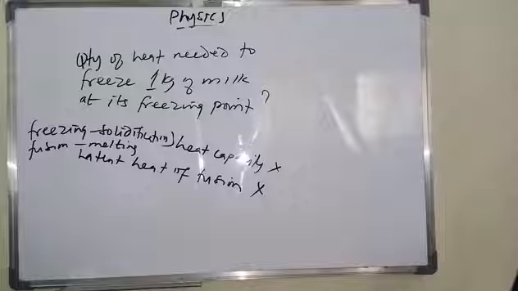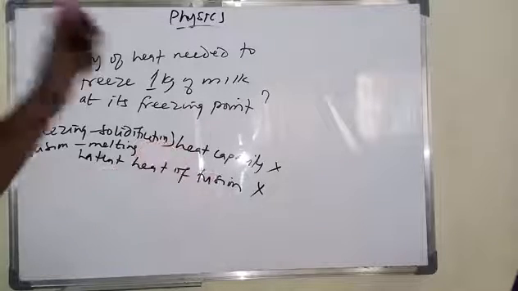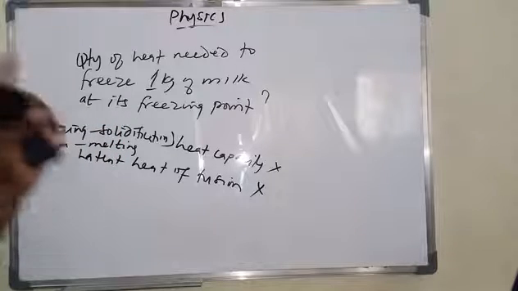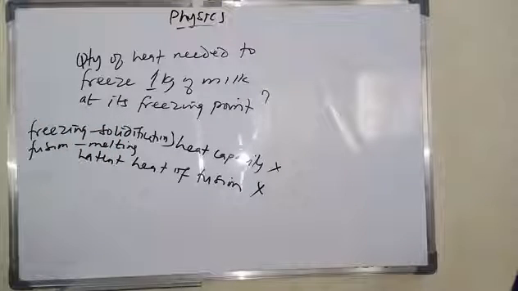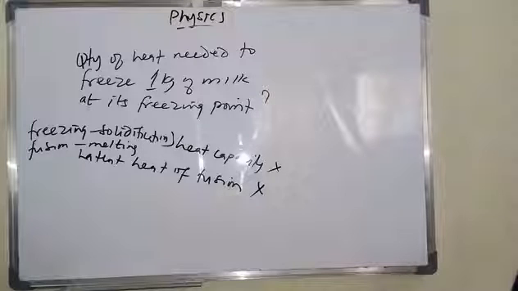Then we have the specific heat capacity. Specific heat capacity is just like heat capacity, but now the heat capacity per kilogram. The heat required to raise the temperature of 1 kilogram or a unit mass of a substance by 1 degree. So if you look at the question, it appears like none of the options fits it.